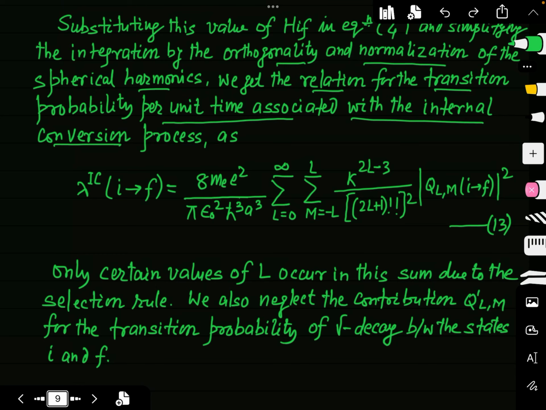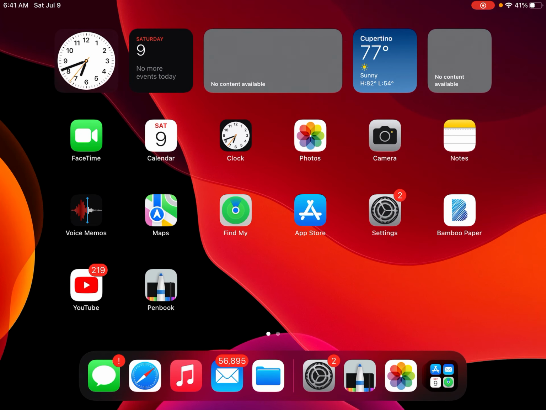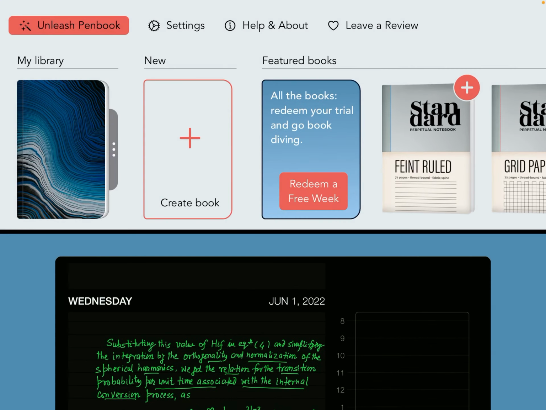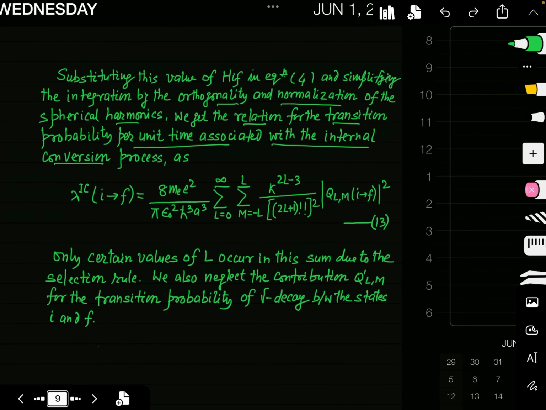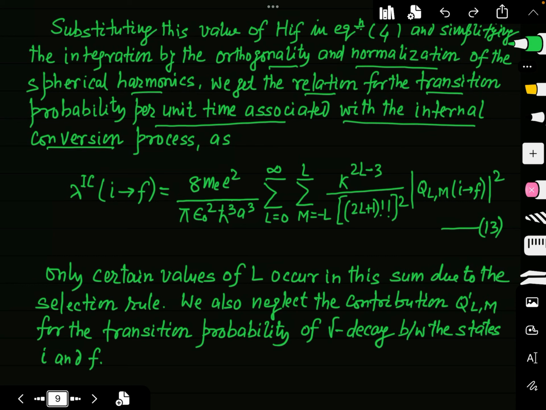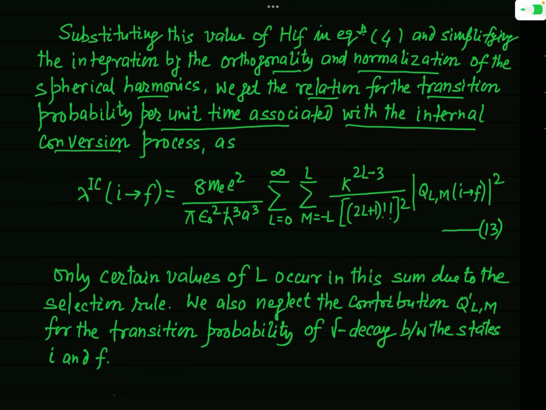So using the orthogonality property and the normalization property of spherical harmonics, sorry, the page has been turned, but it will be okay. In fact, there is some problem in my device, and sometimes the page gets turned automatically. So don't mind these things. When I change my iPad, these problems will be removed.